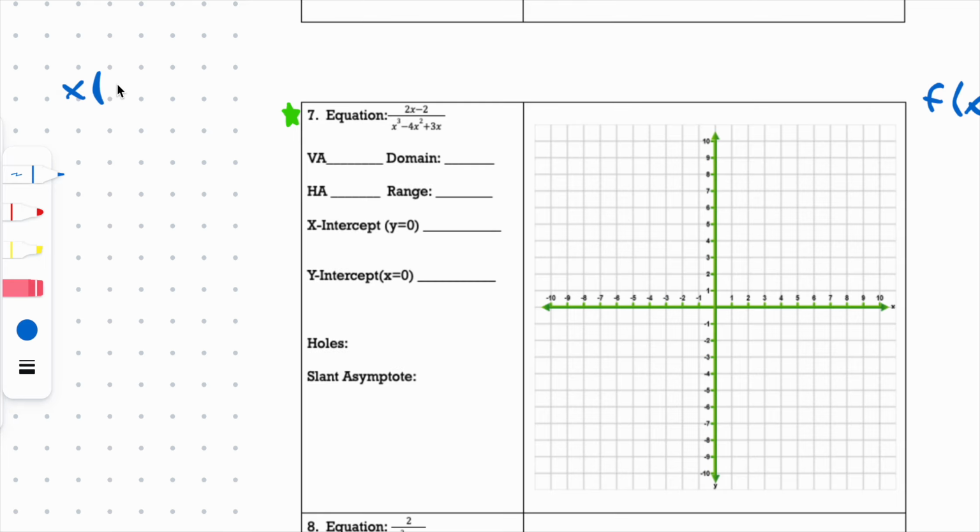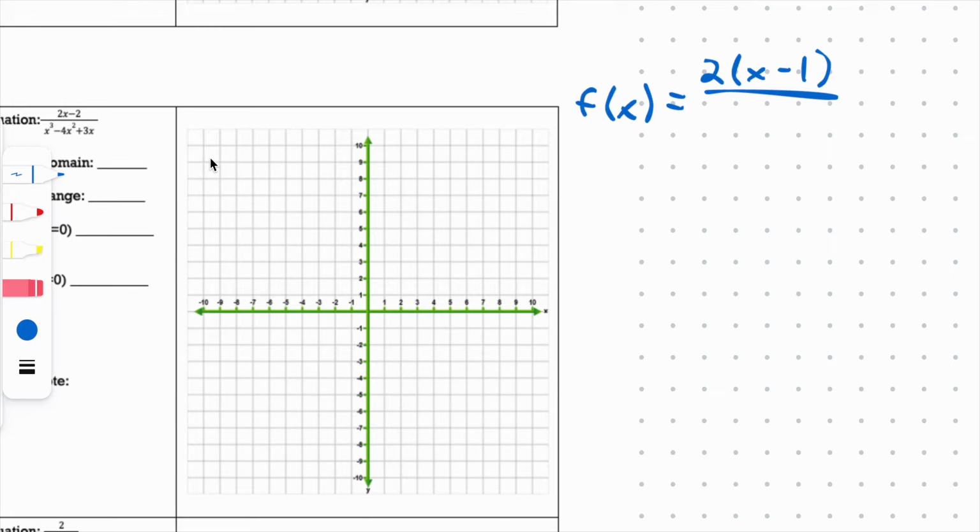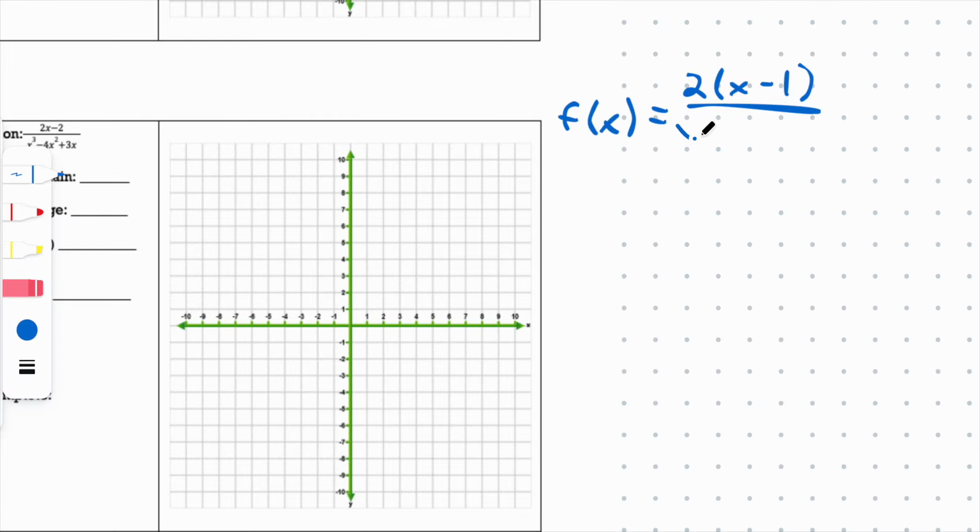So I'm going to say x times x squared minus 4x plus 3. Now, how would we factor this quadratic? Well, what are two numbers that multiply to positive 3 and add to negative 4? Well, that's going to be negative 3 and negative 1. So I'm going to have x, and then x minus 3, and then x minus 1. Okay, perfect.